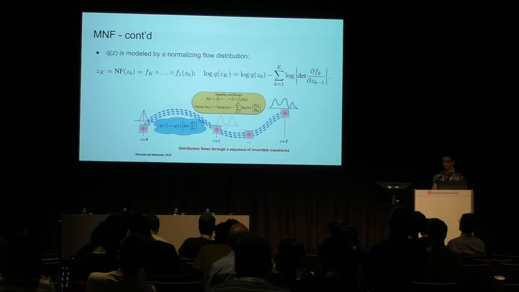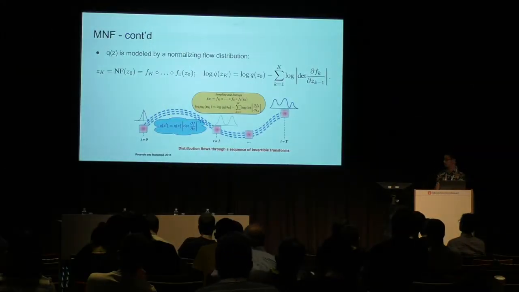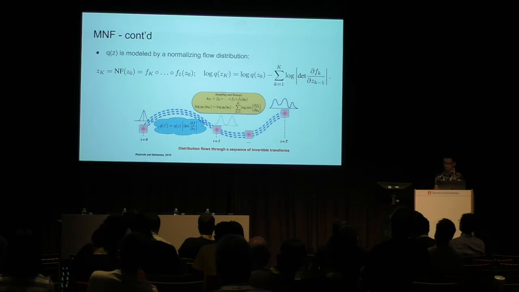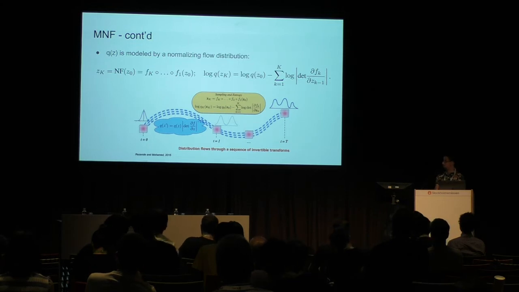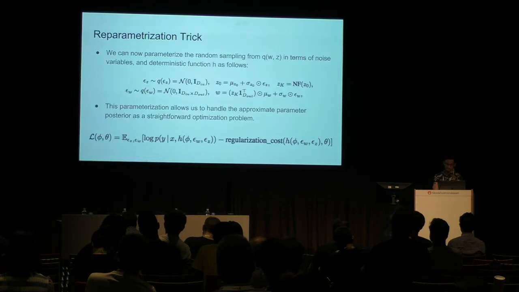We start from a very simple distribution, and then we successively apply multiple invertible transformations. At the end, we obtain a much richer, multimodal distribution.